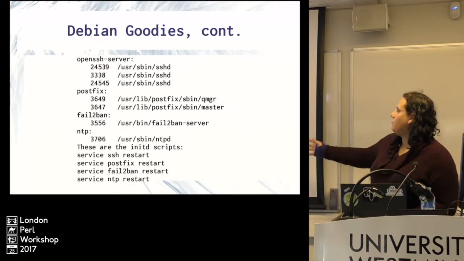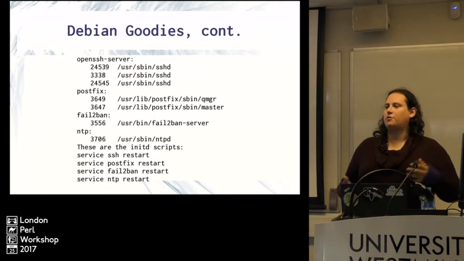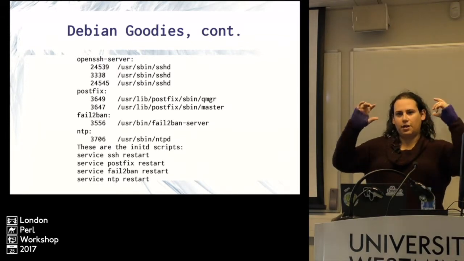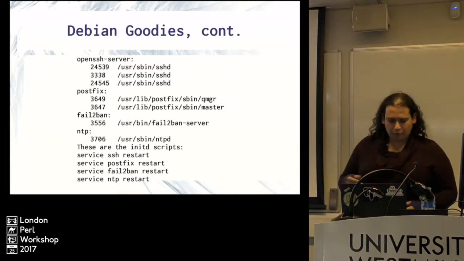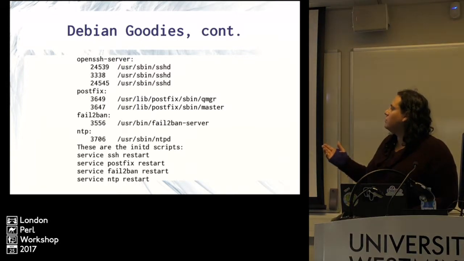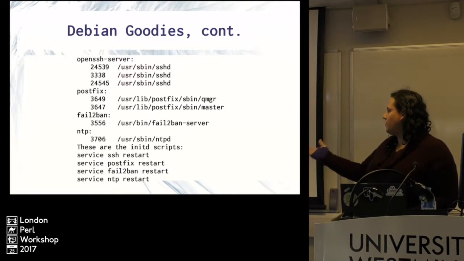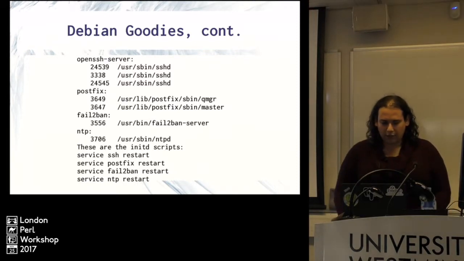So a lot of the output will look like this, where I took this from my personal Debian server, which for focusing on other things means I haven't restarted a bunch of these services, but it will tell you the number of services that need to be restarted, what their PIDs are, and whether or not they have init scripts to restart. So clearly I need to restart my OpenSSH server, postfix, fail2ban, and NTP, and it tells you all the commands you need to do to restart.